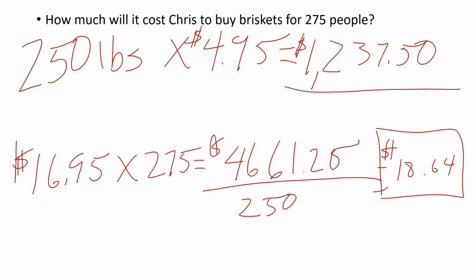I'm going to quote the client $18.64 for their brisket. Now that's just the brisket. If I cost out my potato salad, coleslaw, beans, rolls, jalapenos, onions, pickles, and the sweet tea, I'm going to add all that up, and that's what I would actually charge the client per plate.